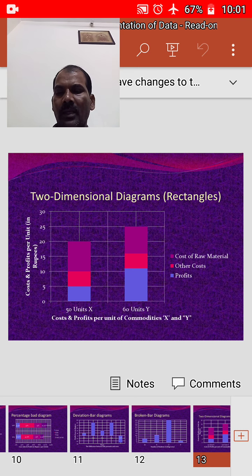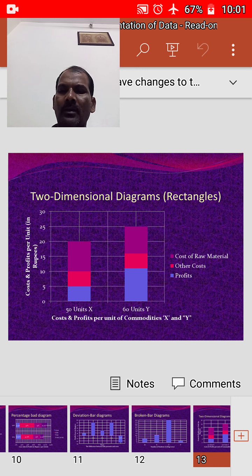If we draw the same, we take 0 to 30 on the Y axis, that is cost and profits per unit in rupees, and 50 units of X and 60 units of Y on the X axis. We will get a rectangular bar diagram.